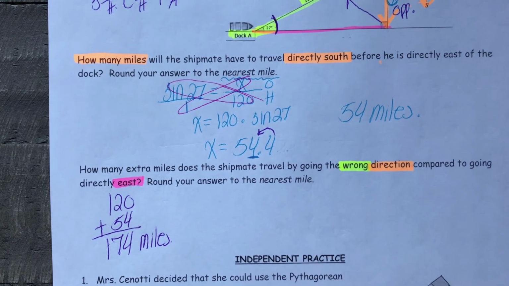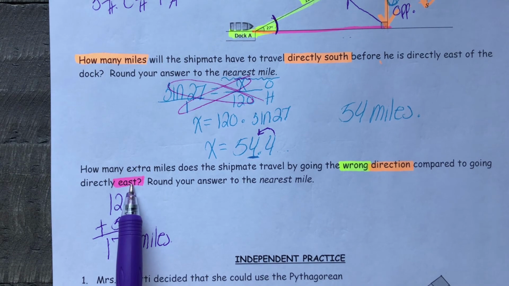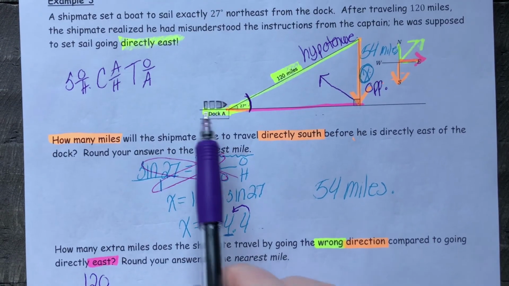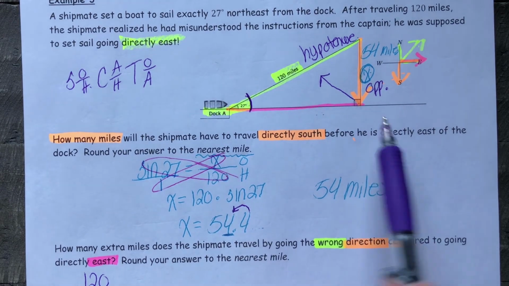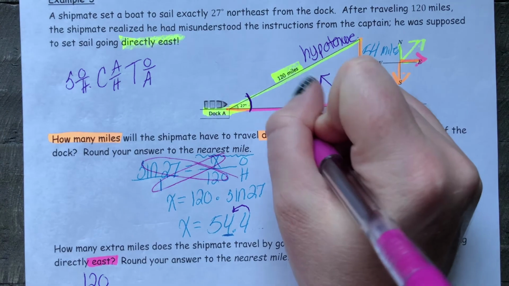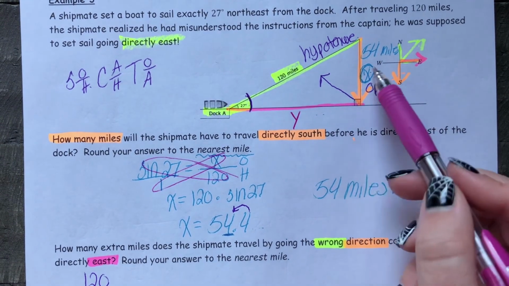But the question wants to know how much he should have traveled, so we can figure out what those extra miles would be. I have no idea how long he should have traveled, so I'm going to make another variable here. I'm going to call this y, because again, I don't know how long it is, and these are going to be different numbers.